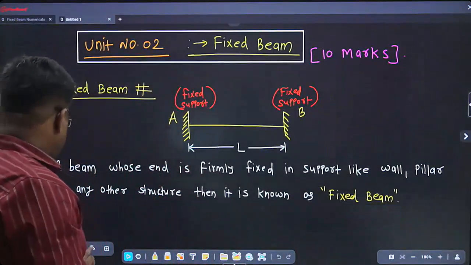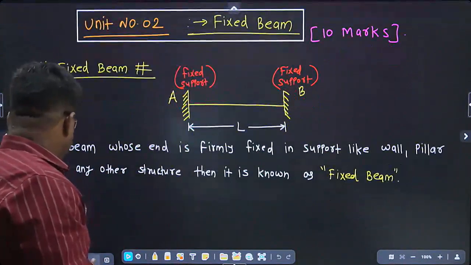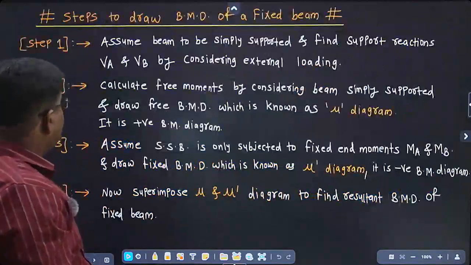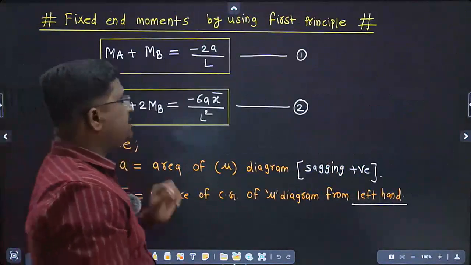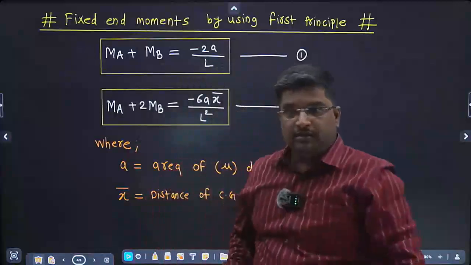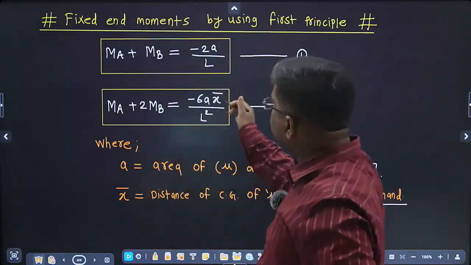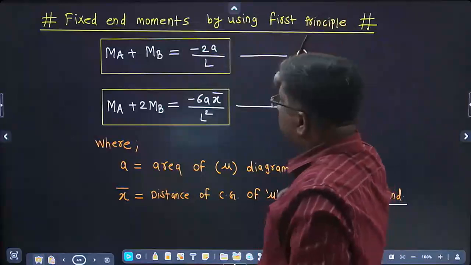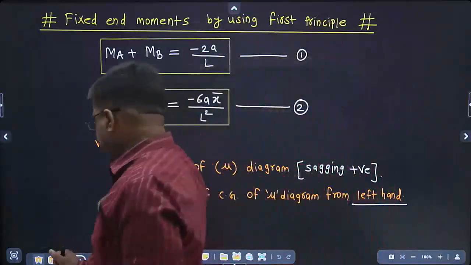Okay, see here. These are the first principle equations. MA plus MB equal to minus 2A upon L, and MA plus 2MB is equal to minus 6A X bar upon L square. Fixed end moments by using first principle, that also we have solved.